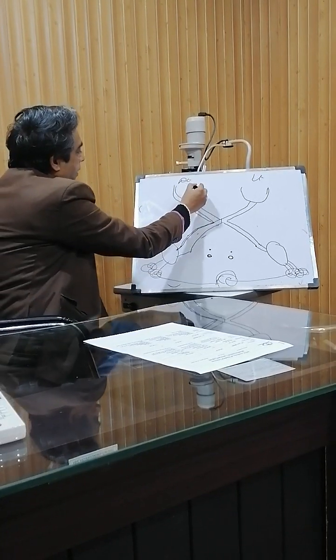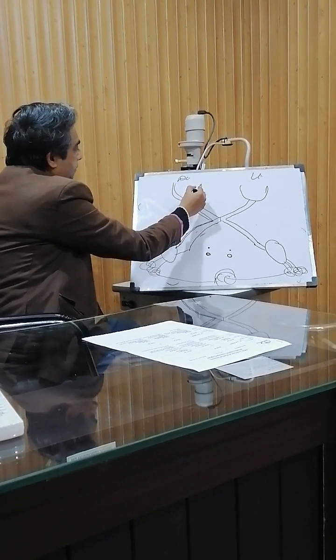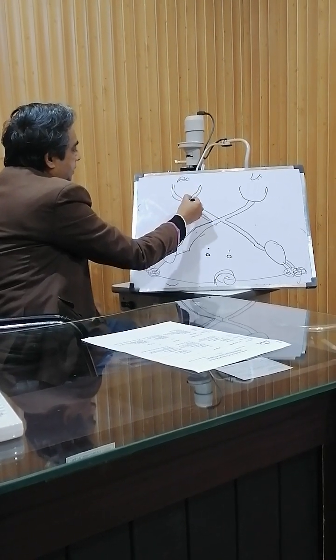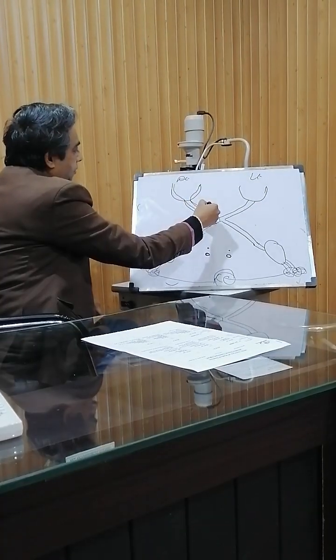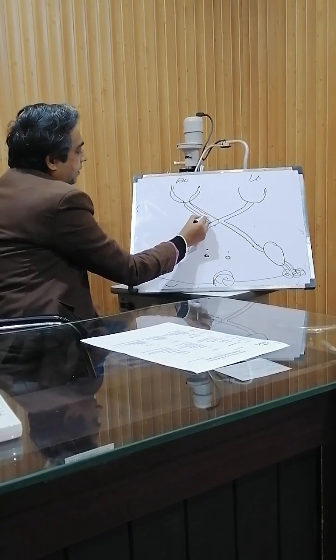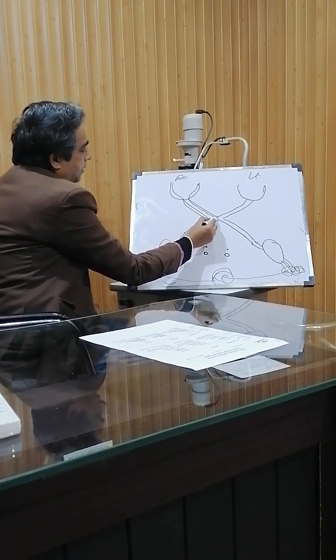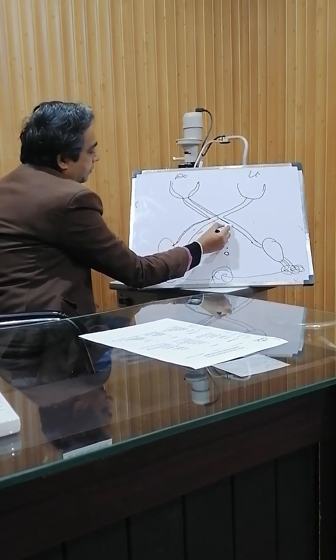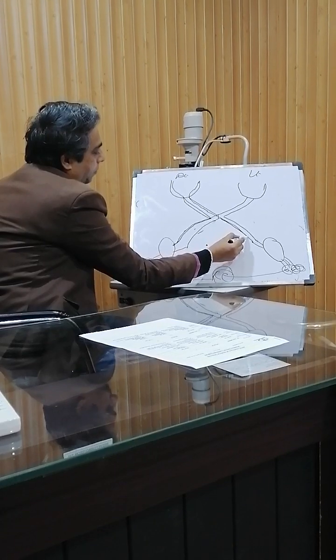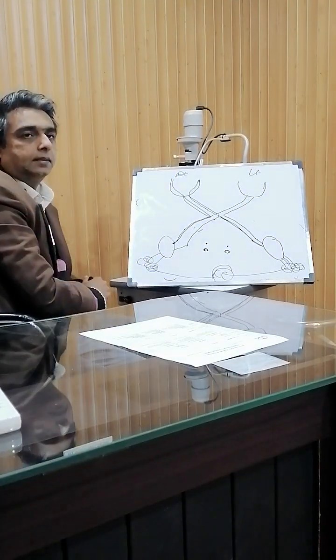The fibers from the nasal sides, let me know if, as I told you, it's confusing. Nasal side, they decussate and they go to the nasal side of the other optic tract. Correct?